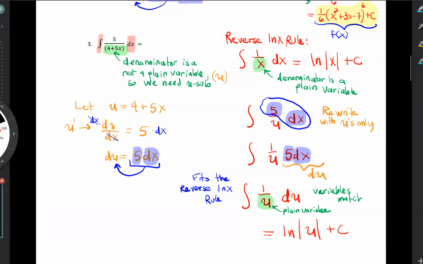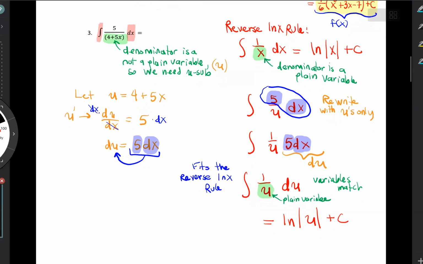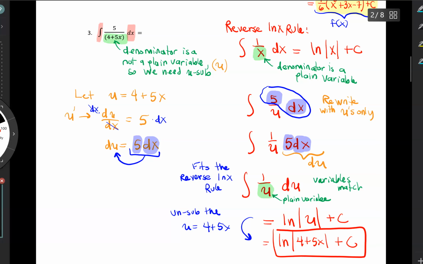Okay. So now I just need to unsubstitute. So now we need to unsubstitute. Unsub the u equals a binomial. So here we go. That would be natural log of the binomial plus c. And that's it.